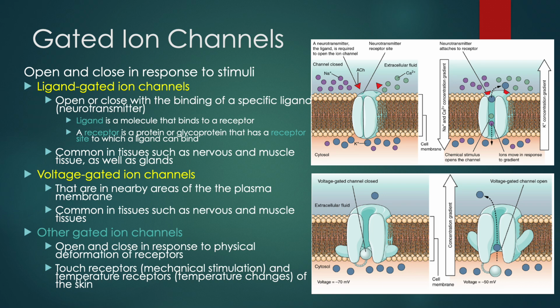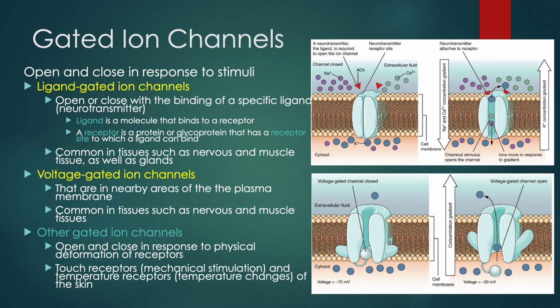And then below, we have voltage-gated ion channels. These channels open when they sense nearby changes in charge. Okay, and so these channels are in nearby areas to the ligand-gated channels, and when ligand-gated channels open, that change in charge is sensed by sensors by the voltage-gated channels, and that causes those to open.